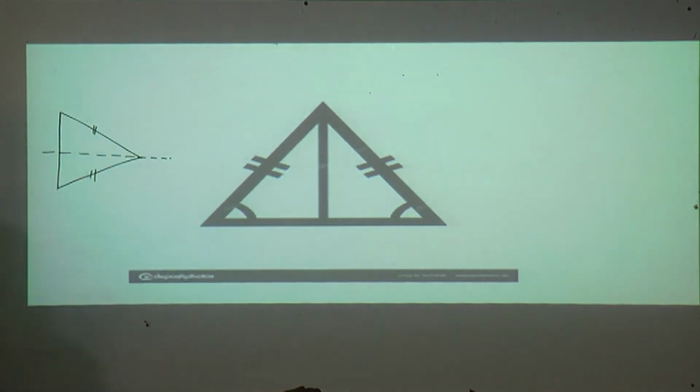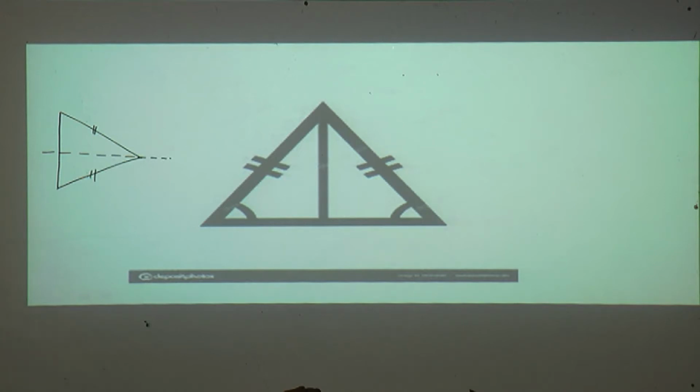Now tell me, can a shape have more than one axis of symmetry? Yes students, for these two triangles, no, but the correct answer is yes. Yes, we can have a shape that has more than one axis of symmetry.